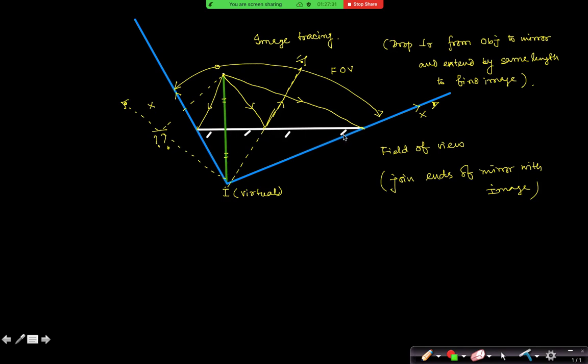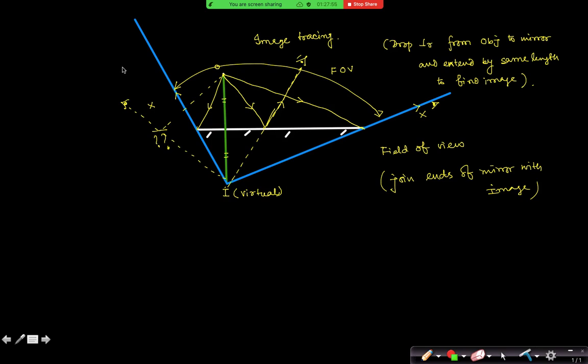But if your eye is here, you cannot see the image. Why? Because from the object there cannot be any ray that is reflected from the mirror, because there is no mirror lying here. And the image cannot directly send you a ray because this image is virtual, right? So you cannot see the image from here.